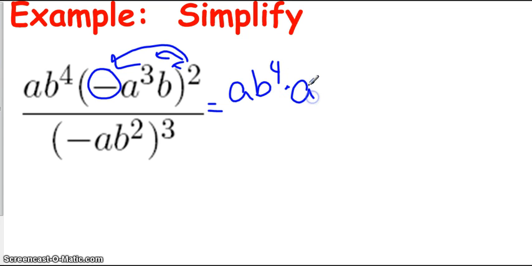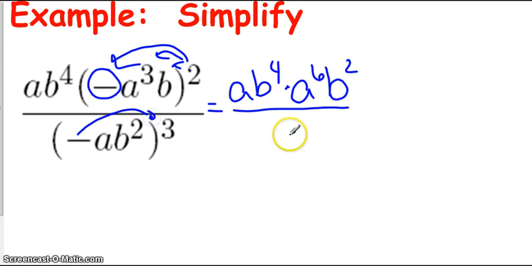So you have a, remember you multiply the exponents, 3 times 2 would be 6. B to the 2nd. Do the same for the bottom, but this one has a negative to an odd power, so that one's going to be negative. 3 times 1 would be a cubed, and then 2 times 3 would be b to the 6th.